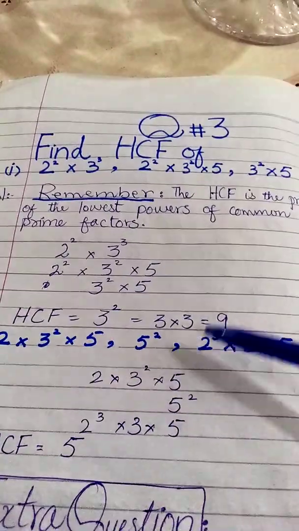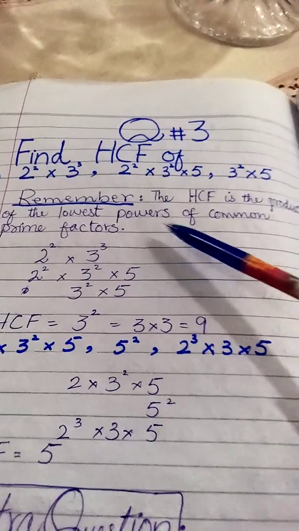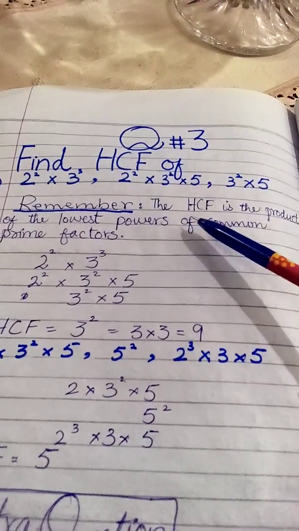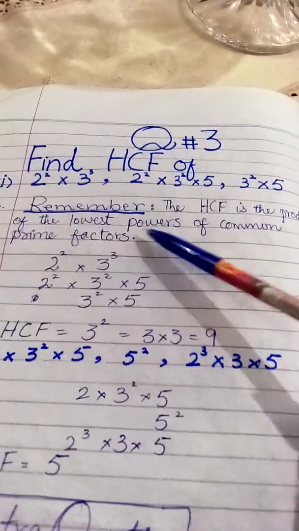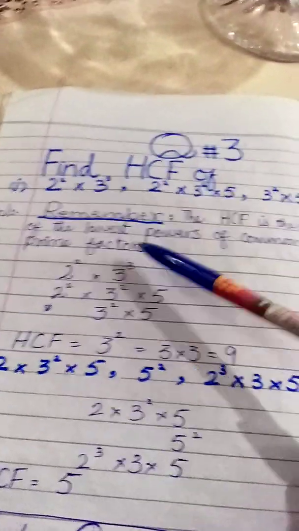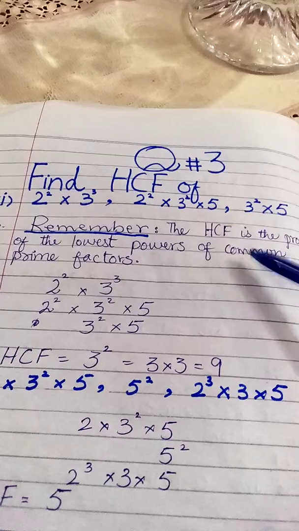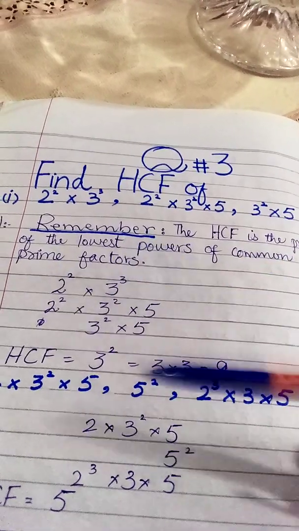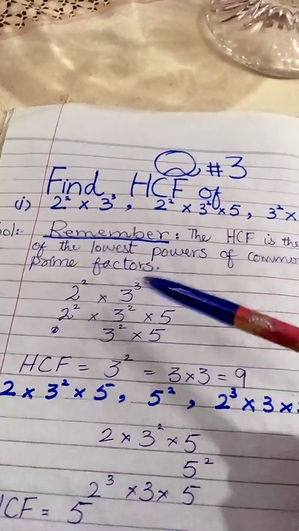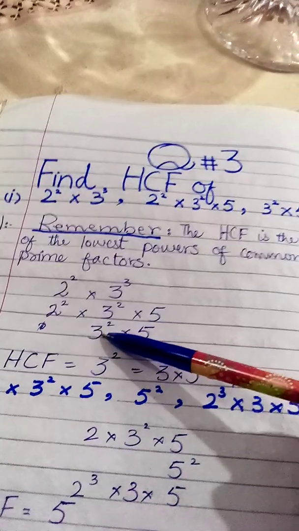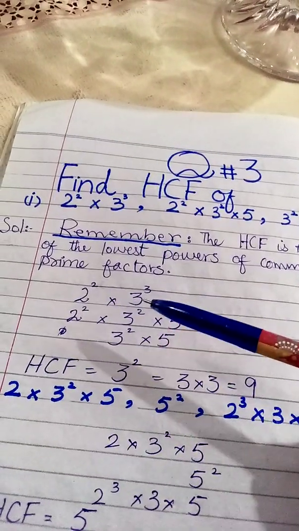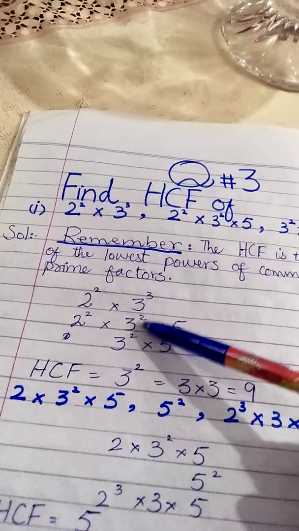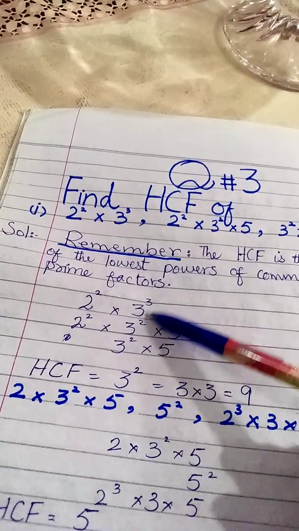Okay, now again we will repeat this definition: HCF is the product of lowest powers of common prime factors. First we have to find the common prime factors, the ones which are common in all the three pairs. 2 is common, but it is common in only 2 pairs, but 3 is common in all the 3 pairs.